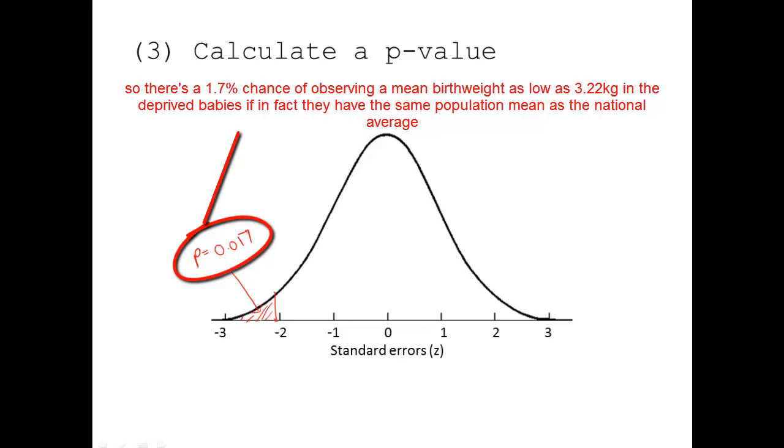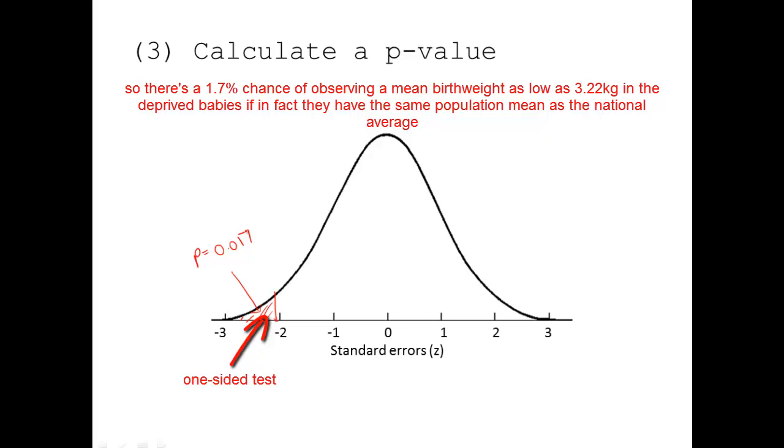Now this is what is called a one-sided test, or one-tailed p-value. We've basically calculated the probability of obtaining a sample mean as low as what we did given the null hypothesis. However, the test statistic could have been positive, or plus 2.12, so the result could have gone in the other direction.